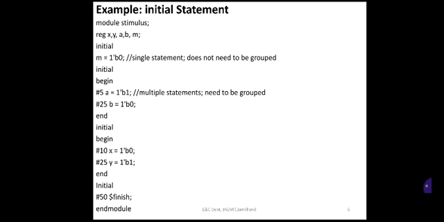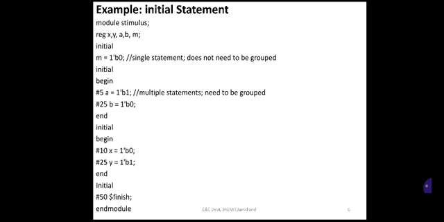That means this initial block starts execution exactly at 0 time units, but as the delay is provided here, after the elapsing of 5 time units, the statement a is equal to 1'b1 is executed. Then the #25 means that after the completion of the 5 time units, this statement is going to start executing.